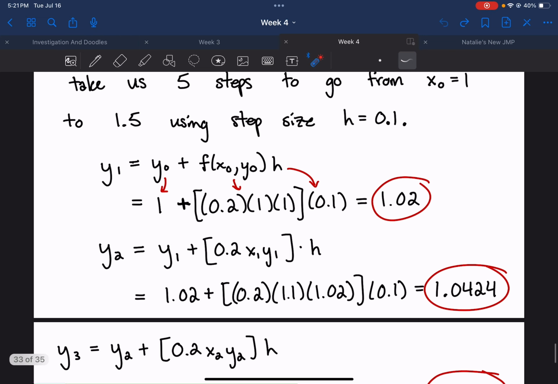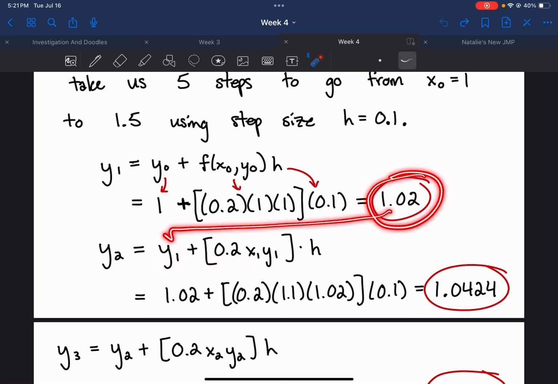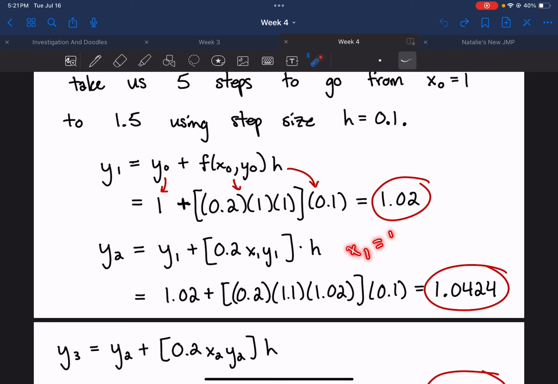Then I start again. To get y2, I need to take y1, add 0.2 x1 y1 times h. I know this is y1, and I know x1 is going to be 1.1, since I'm taking 0.1 steps.